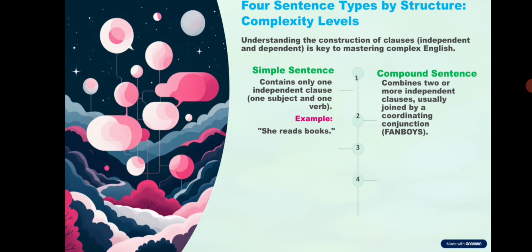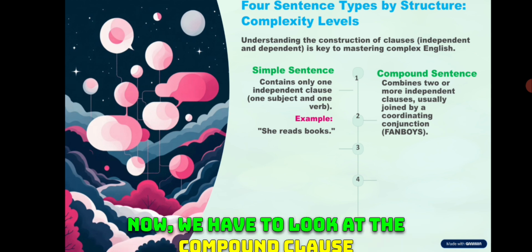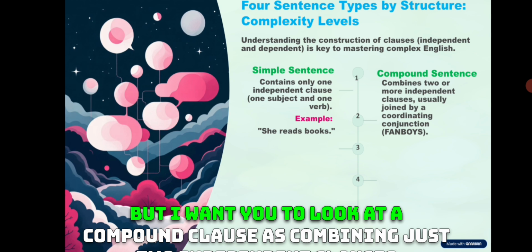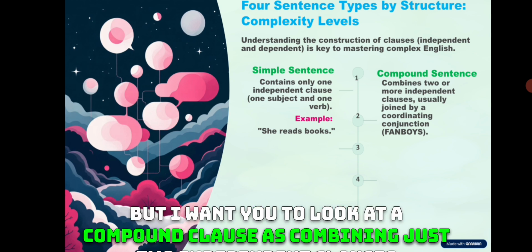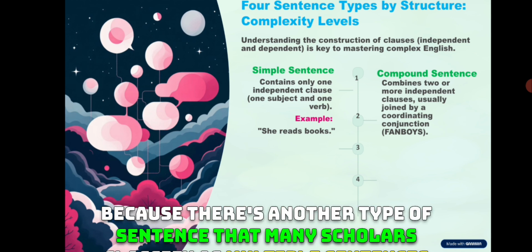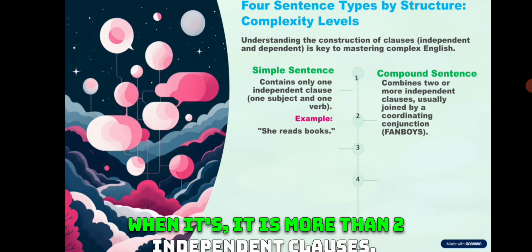Now, we have to look at the compound sentence. It combines 2 or more independent clauses, but I want you to look at a compound sentence as combining just 2 independent clauses, because there's another type of sentence that many scholars classify as multiple sentence, when it is more than two independent clauses.